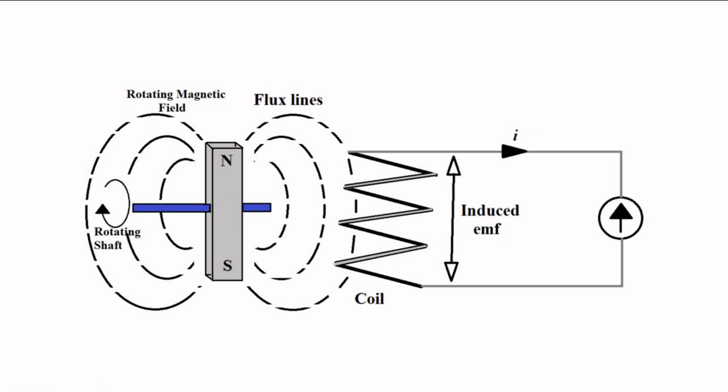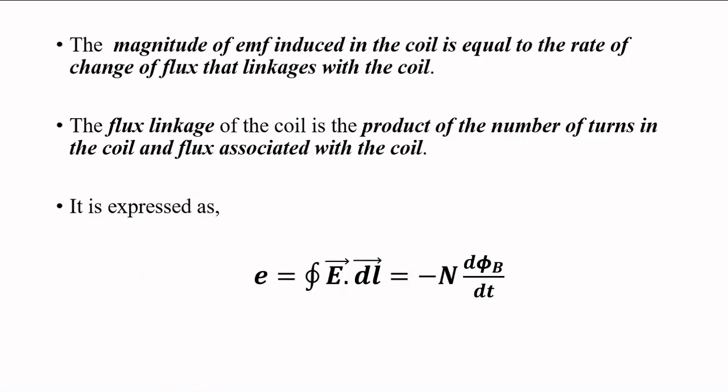This is Faraday's law of electromagnetic induction, which can be expressed as this: E, which is the EMF induced, can be written as the line integration of electrostatic field, because electric potential or EMF or voltage can be expressed as the line integration of electrostatic field. We have already discussed it in electricity and magnetism, in electrostatics, you can watch that video.